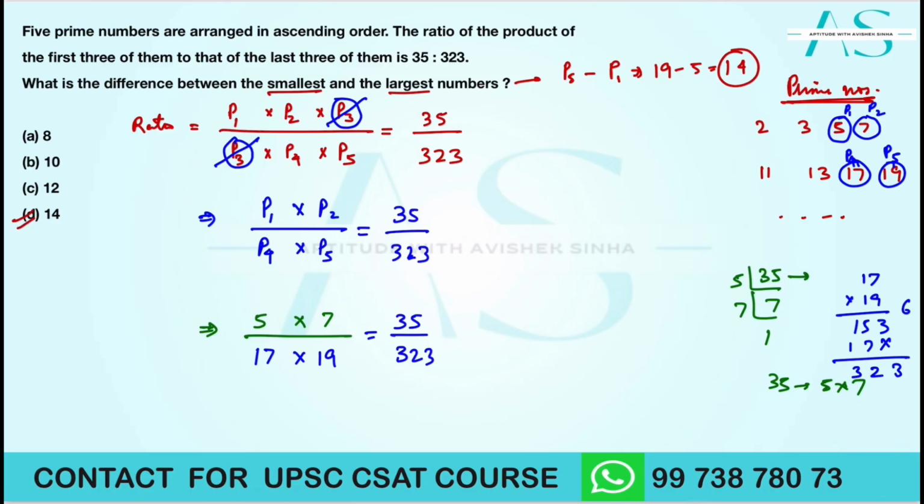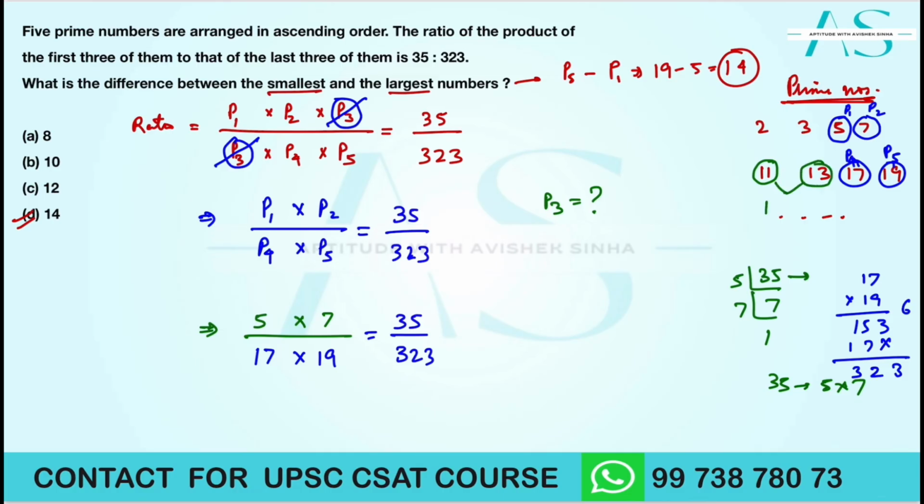Tell me, what is the actual value of P3 if I ask you? If P3 is asked in this question and this is the same data that is given, can we somehow figure out the actual value of P3? No. It could be either 11 or 13.